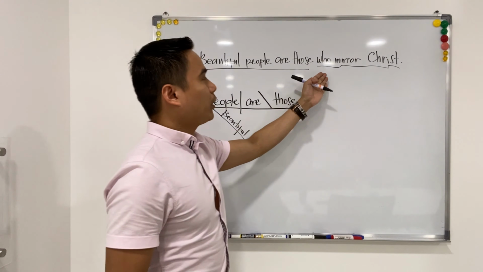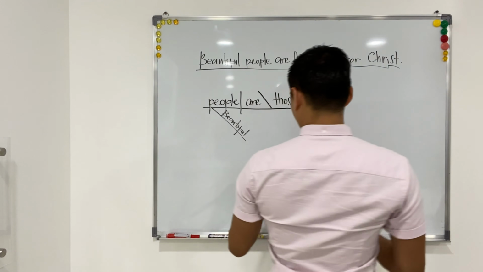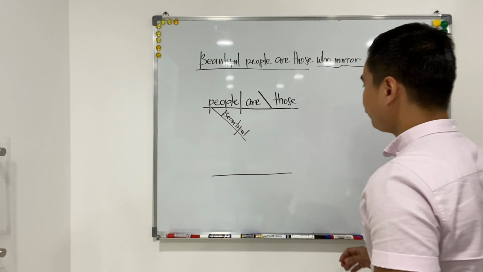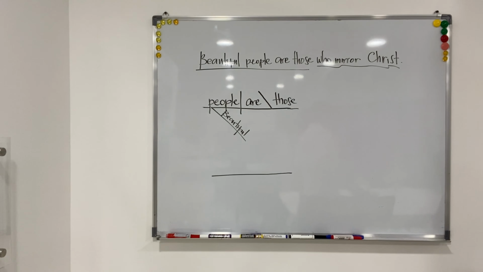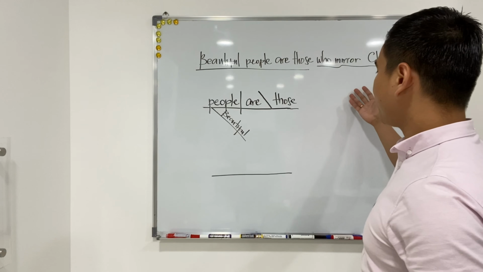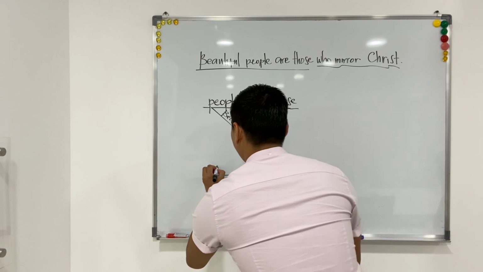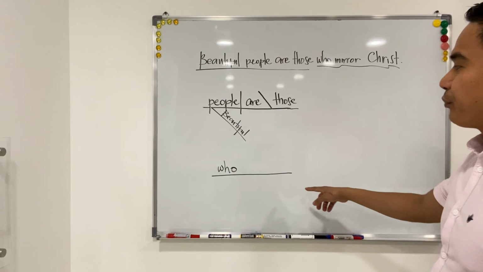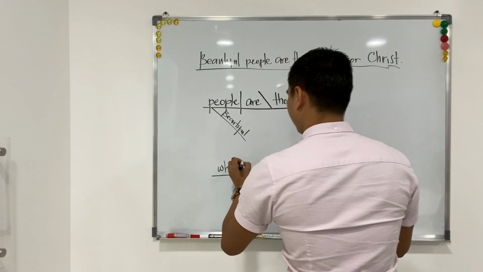Okay, we are left with the dependent clause. We do it below. Who is a relative pronoun, but in this case, we use it as a subject for this adjective clause.